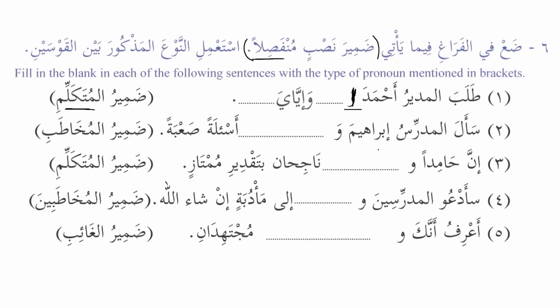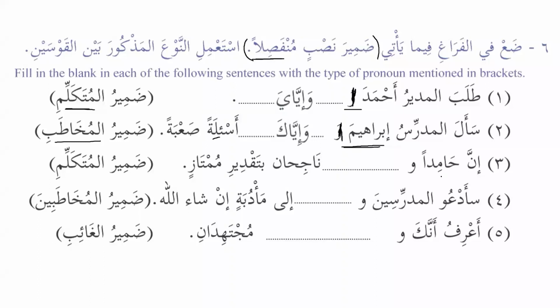Then we have سأل المدرس إبراهيم. Now we have ضمير المخاطب, the second person. So we have Ibrahim, and with the second person is maybe Anta, because we have ضمير المخاطب. So how do we say? سأل المدرس إبراهيم وإياك أسئلة صعبة. The teacher asked you and Ibrahim difficult questions.